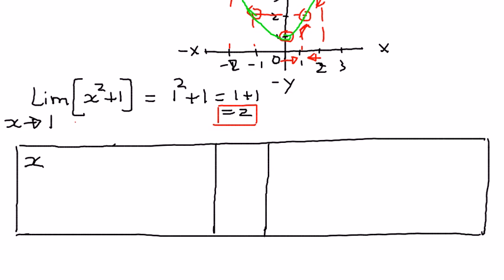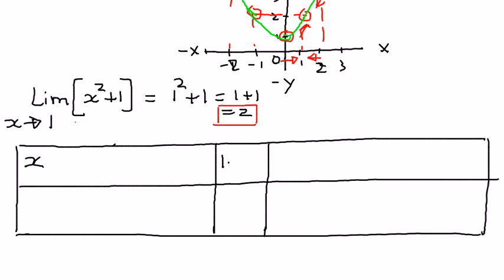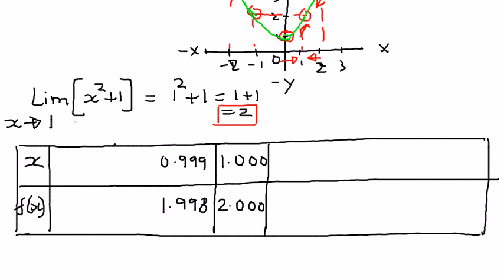In the middle of the table, I write x as 1.000 and here the function value as 2.000. As I give values of x, the value of the function changes. For example, very close to 1 on the left hand side, if I pick 0.999, the corresponding value of the function is going to be 1.998 on the left side.